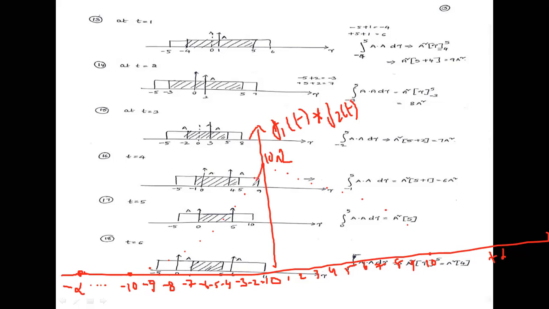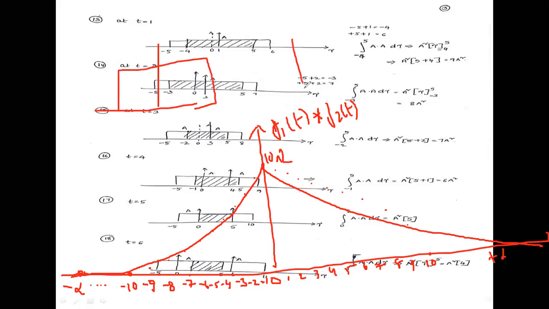So you'll get the curve, slowly it decreases. It is also symmetric. For the two functions, f1 of t and f2 of t are given from minus 5 to 5, and outside it is 0.